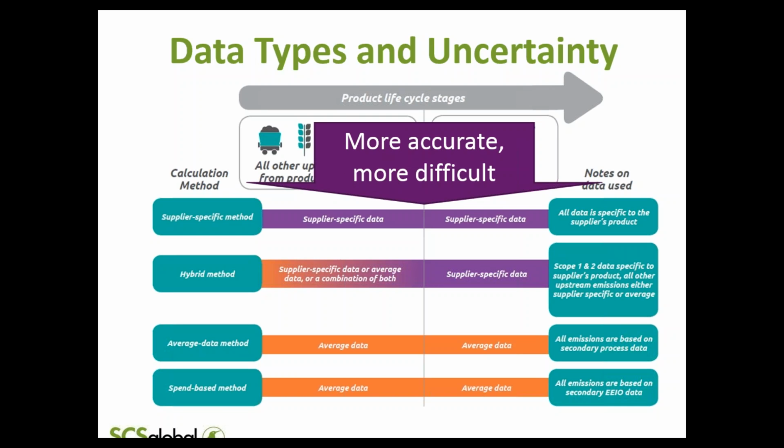In fact, I would go on to say that it's probably impractical or even impossible in almost all types of cases to collect specific data not only for your suppliers, but also for your suppliers' suppliers. When you think about just the number of exponentially increasing suppliers involved in that, it really isn't practical to get that for your entire greenhouse gas inventory.